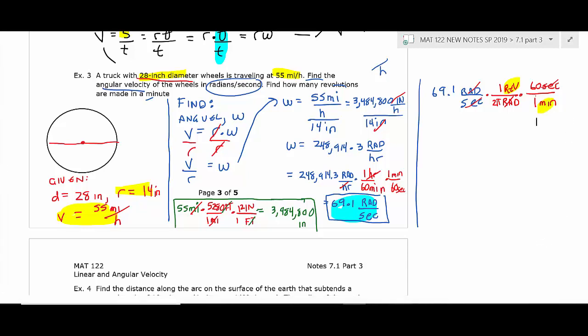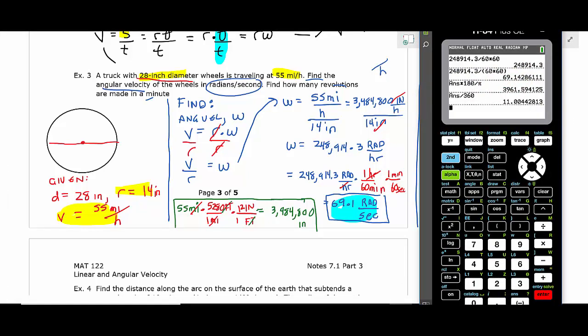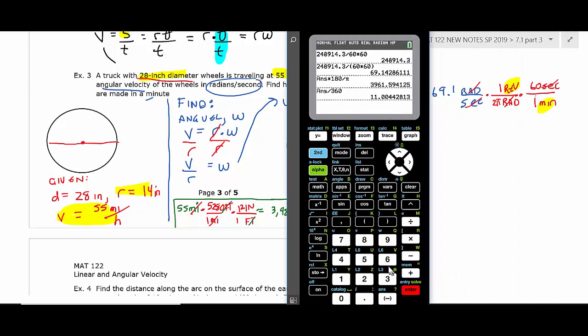Okay, now I can go to the calculator and we're done with it. And again, watch how I do this on the calculator. You want to go 69.1 divided by parentheses. Oh, hold on, Brad. You got to multiply, so we go multiply by 60 seconds. Let me do this right. Okay, a rule of thumb to always follow, if you do this, you aren't going to go wrong, is put the numerator of a fraction in parentheses and put the denominator of the fraction in parentheses.